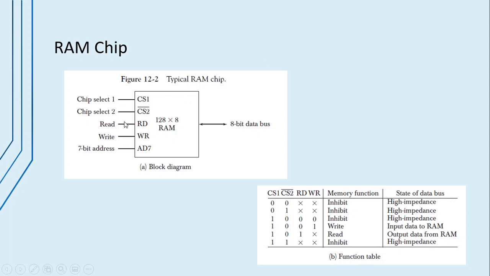Now in this chip we have 128 words. 128 can be represented by 2 raised to 7, so 128 is equal to 2 raised to 7. So 7 bits are required for address lines, and here we have 8 bit data, that's why an 8 bit data bus is required.